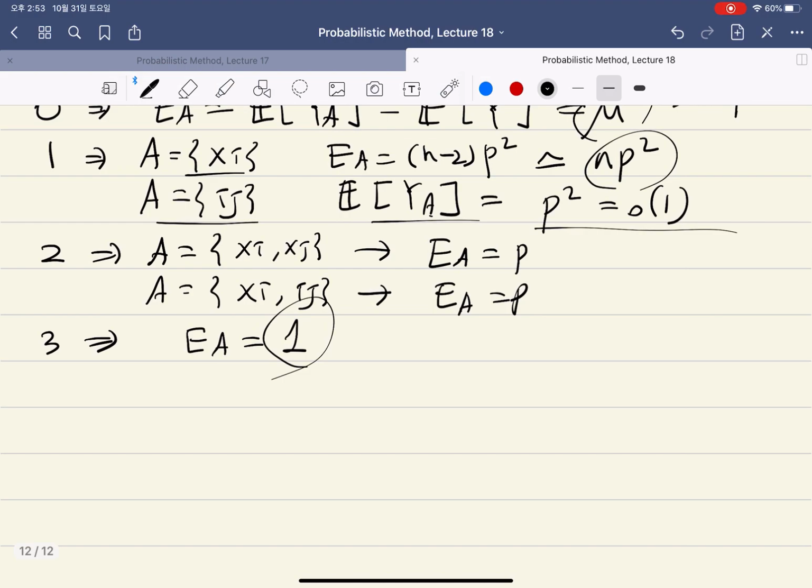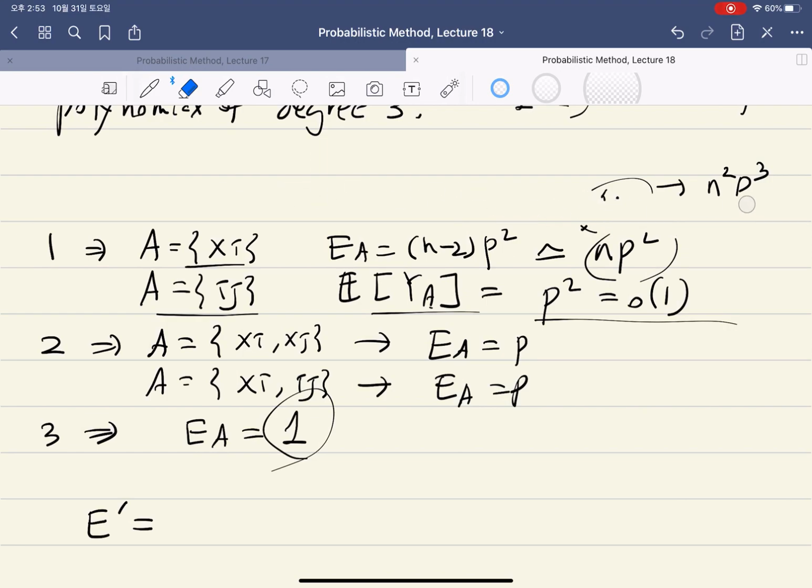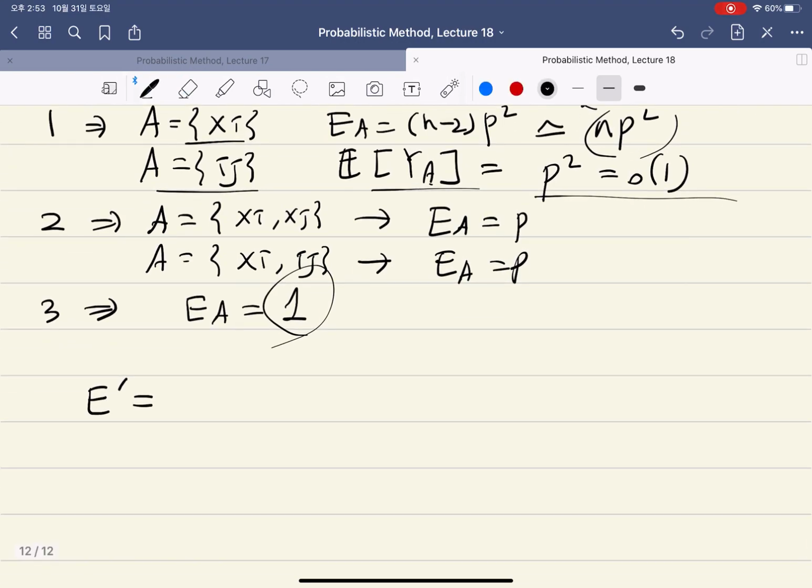Now we can say that 0 was actually not something we had to consider. So E prime is a maximum of np square or 1. Say it's at most that.